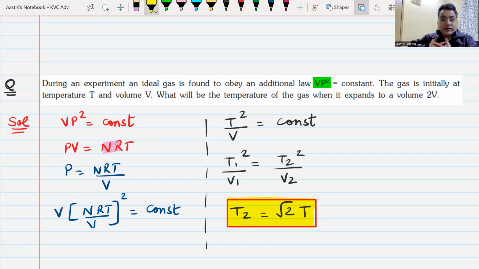Using the ideal gas equation, apart from the other equation, I have used the ideal gas equation to eliminate P and get the result in terms of V and T. Do we understand this? Yes or no?